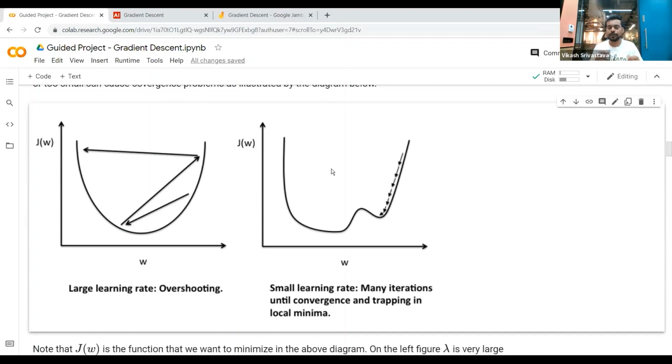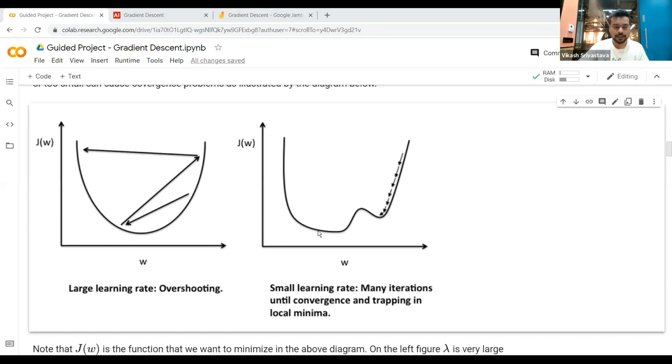Best performance will be judged by the error which you are getting, right? So when you get, let's say, the mean squared error in the case of a regression task, you sum up the squared error across all the observations, and if you get that to be the least for a particular learning rate, that means that learning rate is giving you the optimal model. Okay.